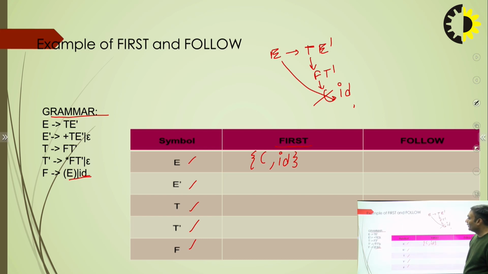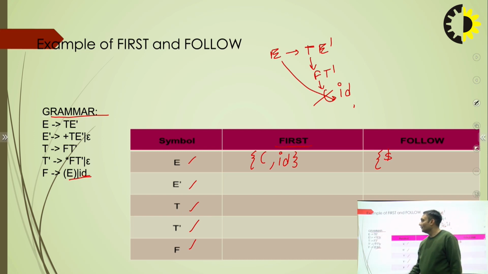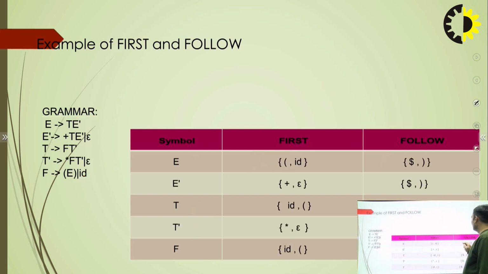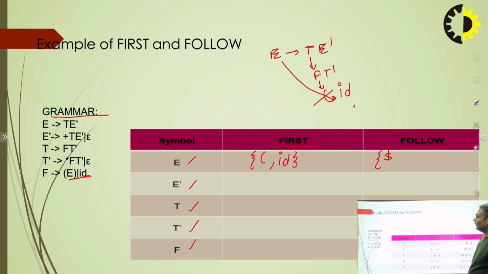Now we will calculate the follow. The follow rule says that dollar will be in the follow when the symbol is the starting symbol. E is the starting symbol of this grammar, so dollar will be in the follow of this E. Now to check the follow, we also need to see the right hand side of the production rules.